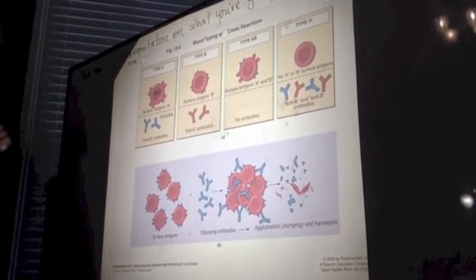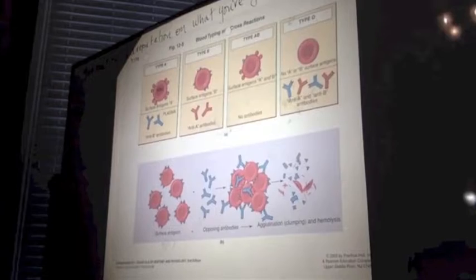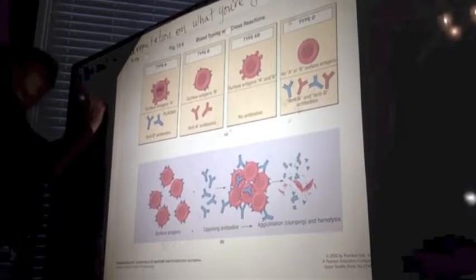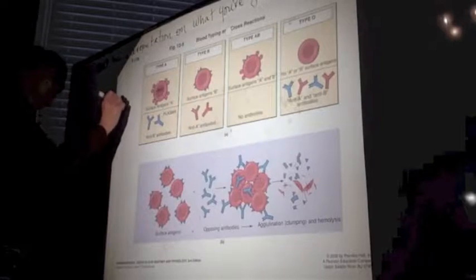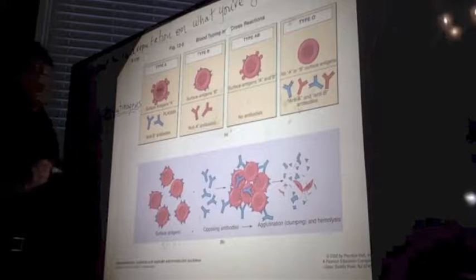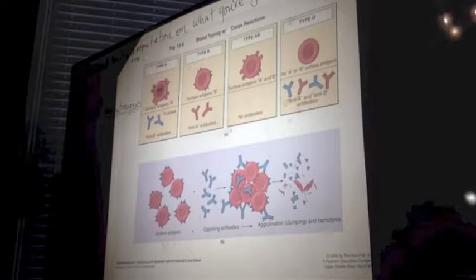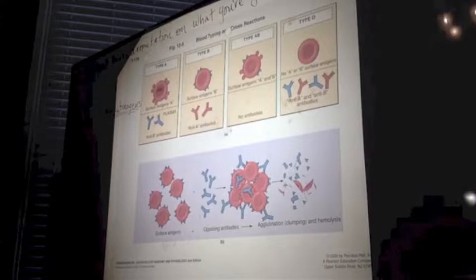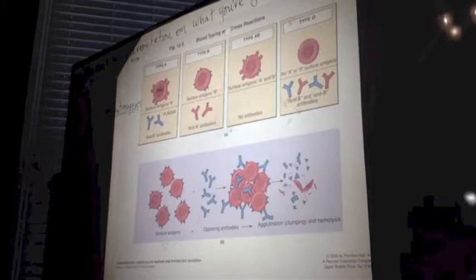But these antigens are also called agglutinogens. An agglutinogen is the same thing as an antigen, which is the same thing as a flag on the outside of your blood cell. Okay.